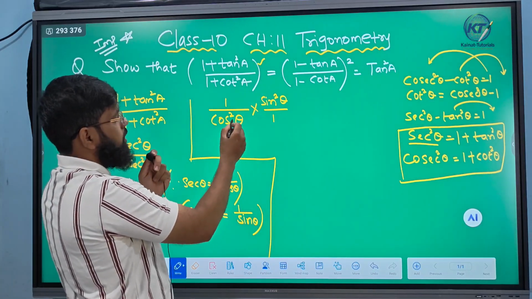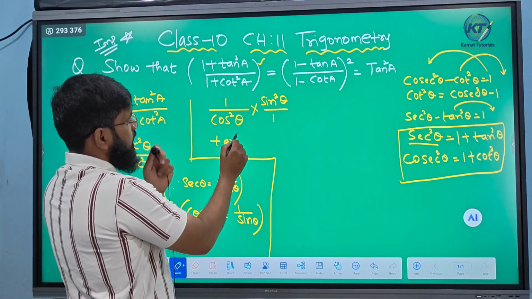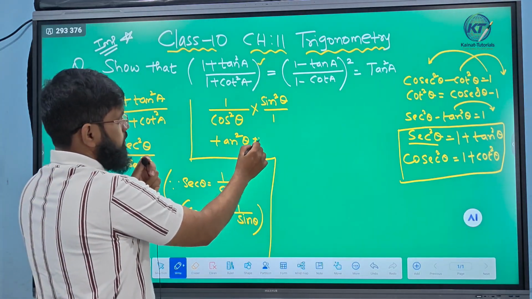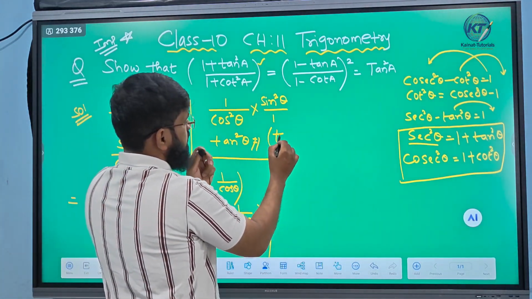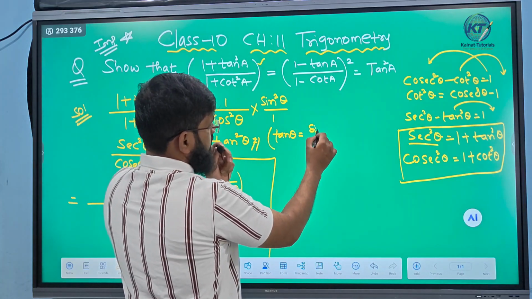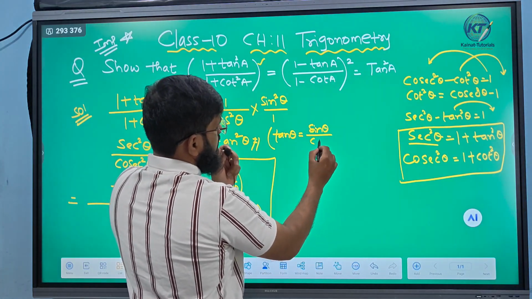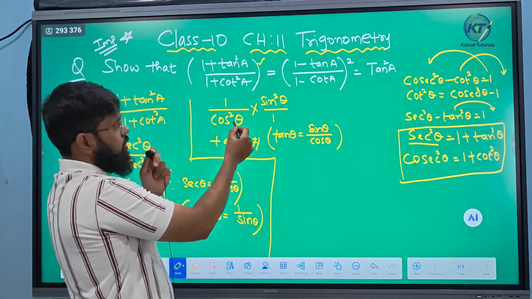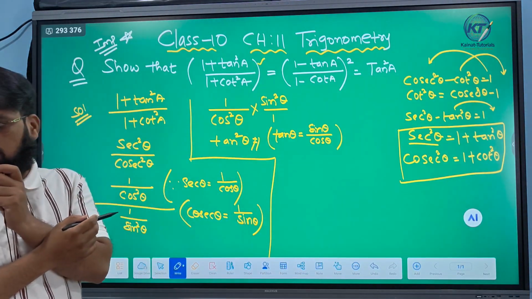And sin square theta by cos square theta is what? Tan square theta. Okay, why sir? Because we are having the formula, it is not an identity, it is a formula: tan theta is equal to sin theta by cos theta. Whenever sin by cos is there, you can write tan theta.